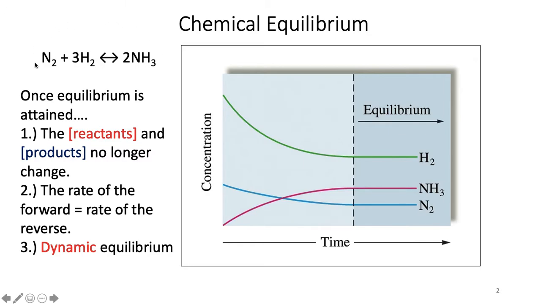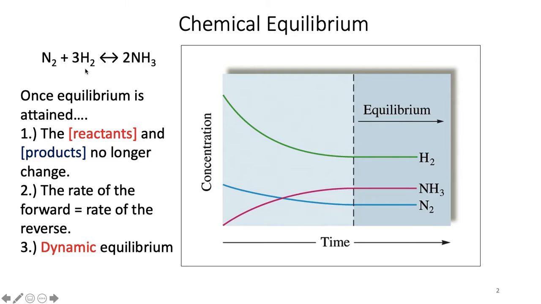So a reaction, the way it's written, has a forward rate from N2 plus 3H2 going to 2NH3. However, it can also proceed in the reverse, or opposite, direction, from 2NH3 breaking down to form N2 plus 3H2.